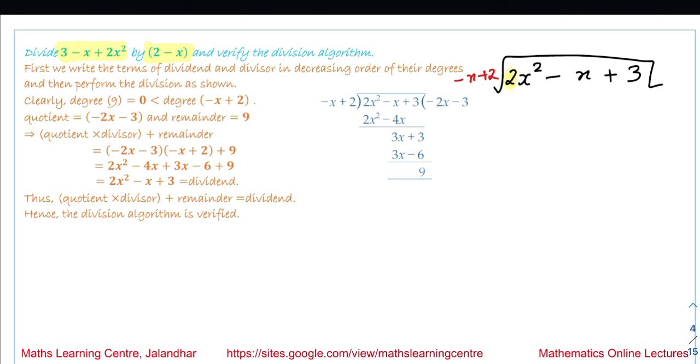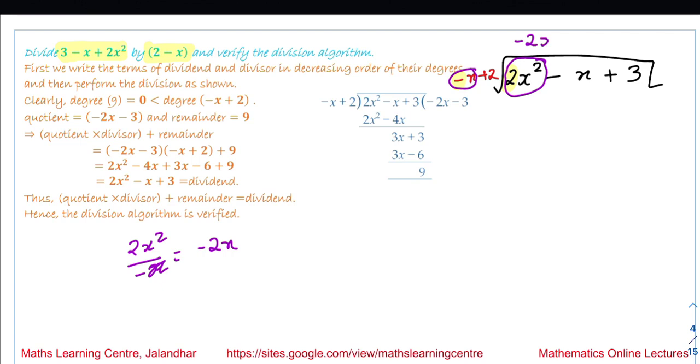If we look at the coefficients, this is 2 and this is minus 1. We divide these two values, the first term 2x square over minus x, and we get minus 2x.